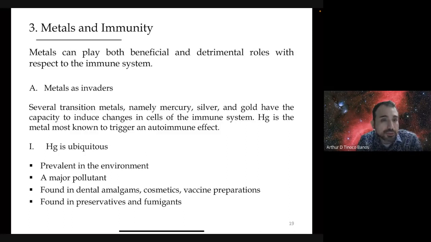It is a major pollutant, but it's also used in biomedical applications. So it's found in dental amalgams, cosmetics, vaccine preparations. At least to a large extent, it was used heavily in biomedical applications, much less now. It can be found in preservatives and fumigants.